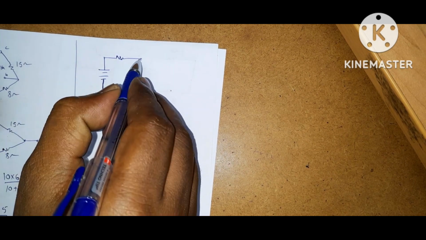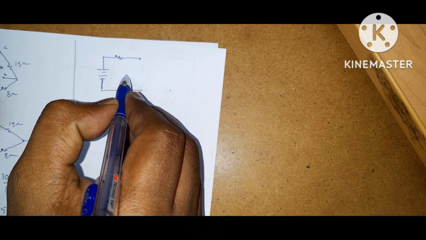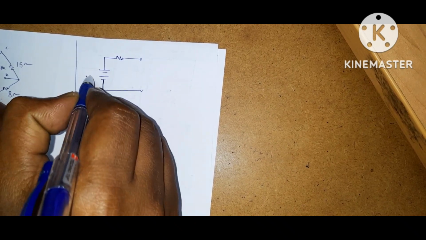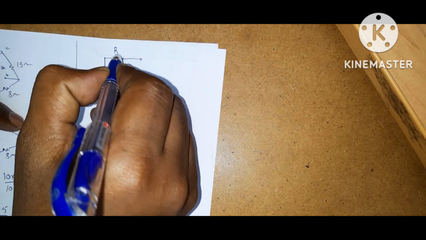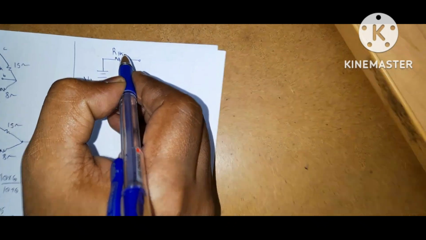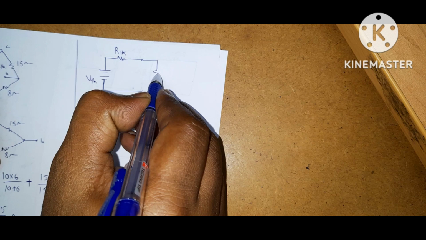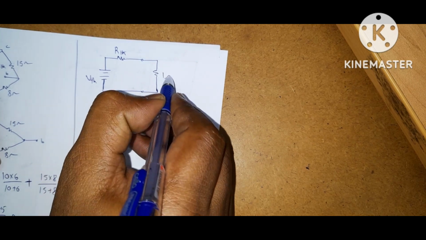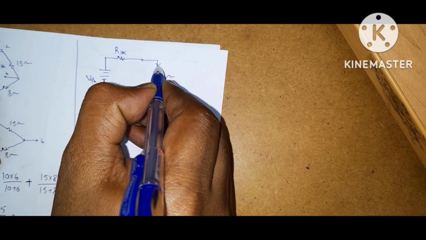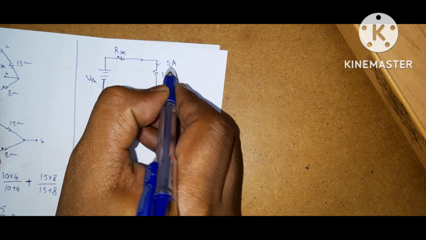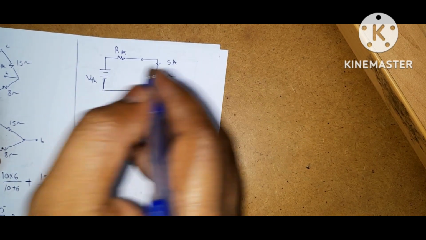This looks like a Thevenin equivalent circuit. Let it be VThevenin and RThevenin. If a 1 ohm resistor is connected, the current flowing through this is 5 amps.